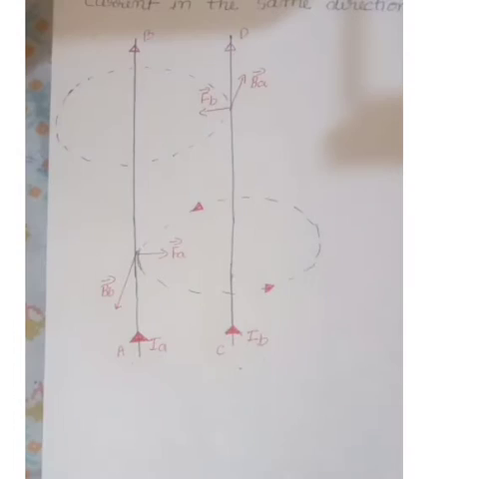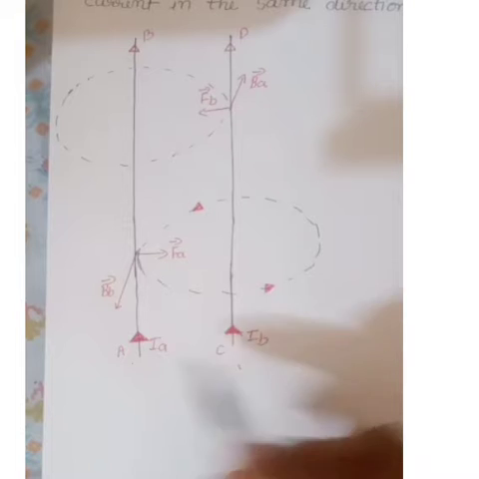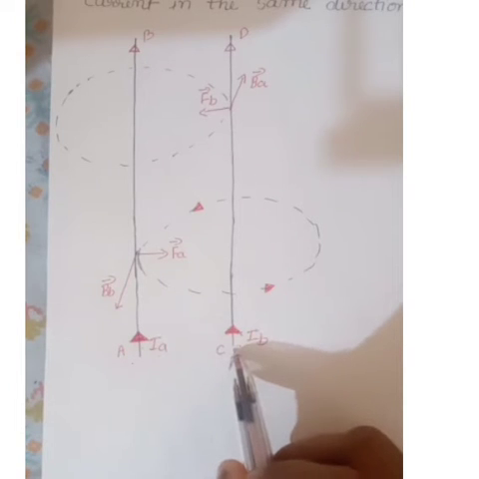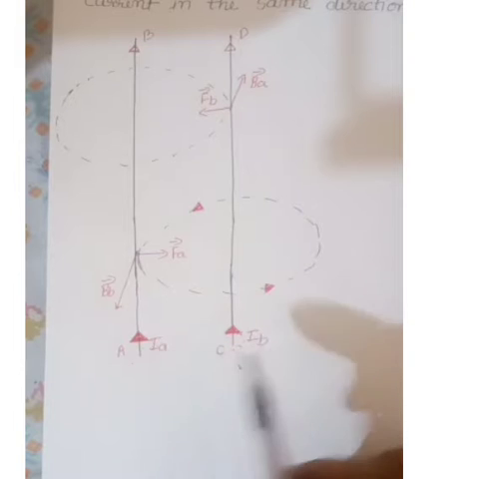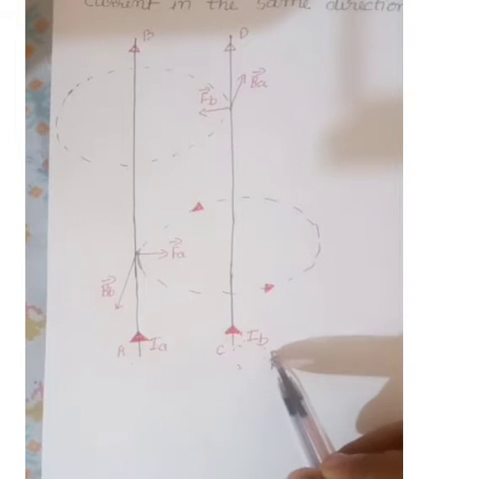So here we have to consider the force between two parallel wires carrying current in the same direction. That means IA and IB are the currents.